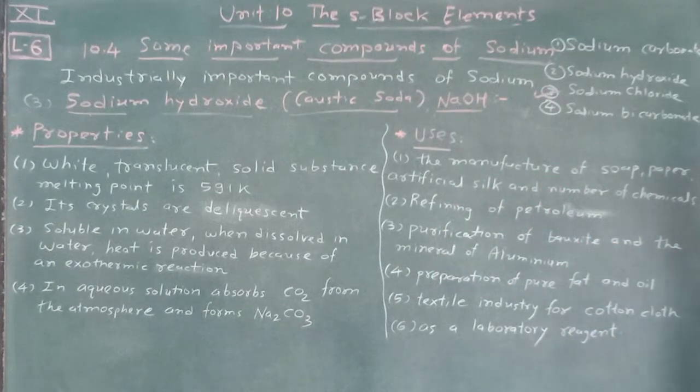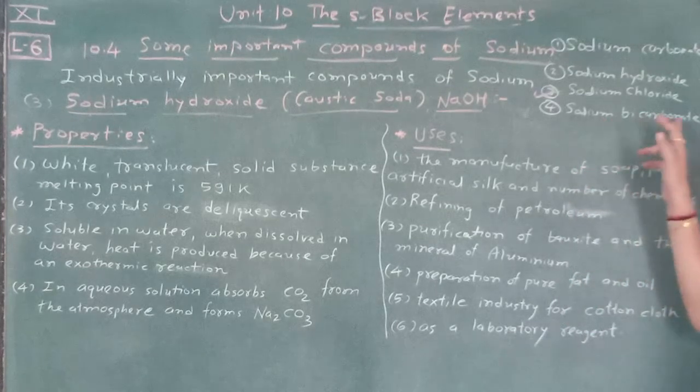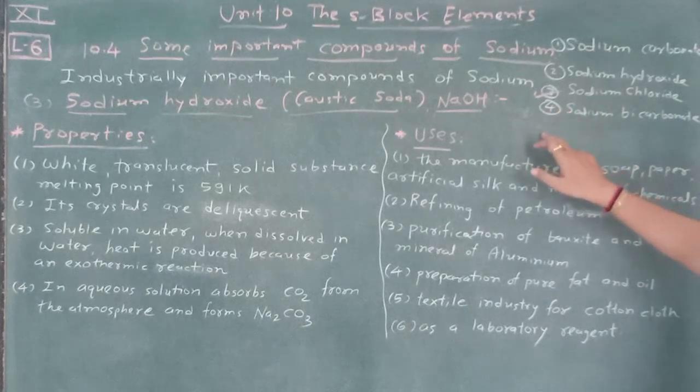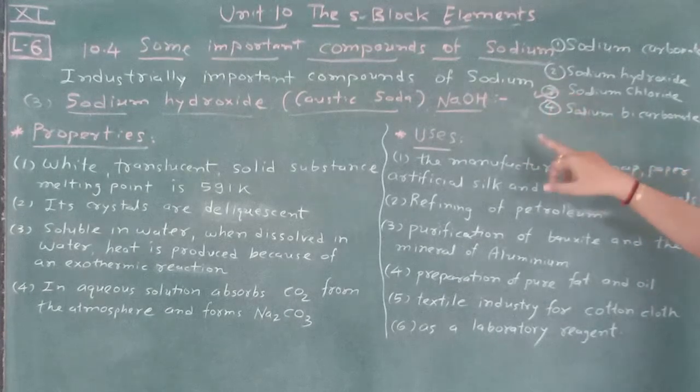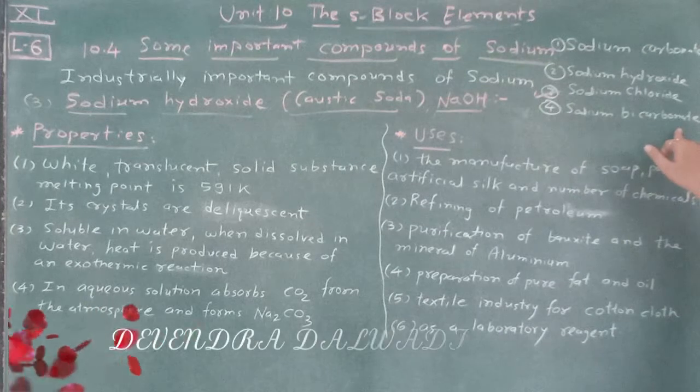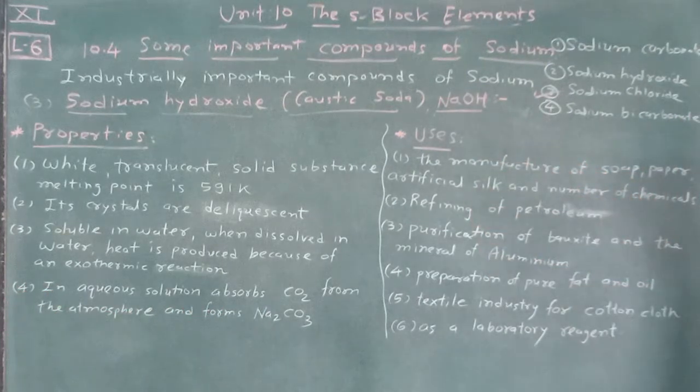Now we move on to our next important compound of sodium, which is called sodium bicarbonate, and this is the fourth one. Just change the order. Fourth one is sodium bicarbonate. So write down these properties and uses and prepare this question: write a note on preparation, properties and uses of sodium hydroxide.